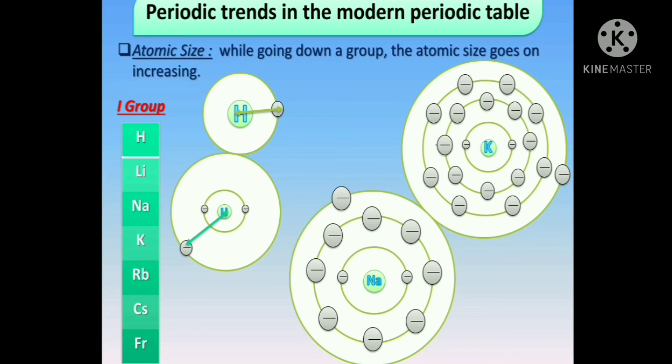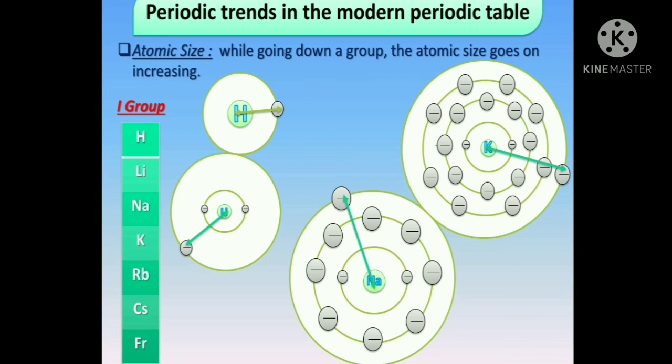See the atomic radius of hydrogen. It is from the nucleus till only first shell. With lithium it is with two shells. With sodium it is from the center till third shell, and with potassium it is from the center till fourth shell. So as shells are getting added, the atomic radius increases even though the net positive charge and the negative charge is different.